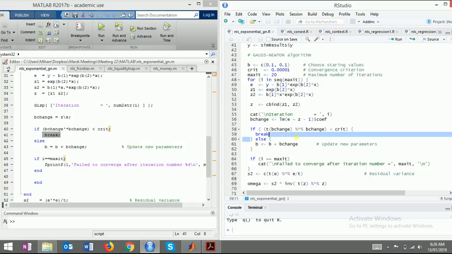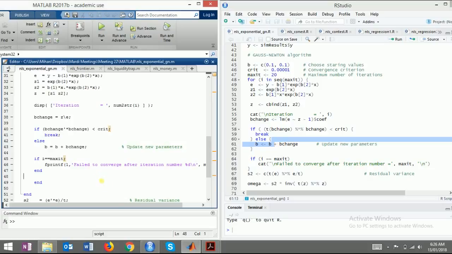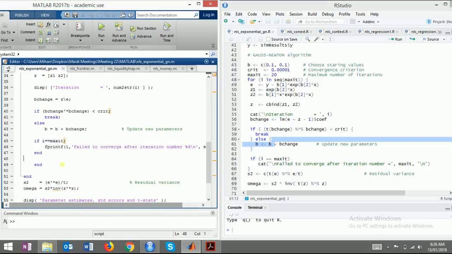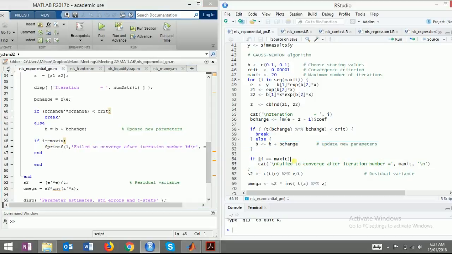Wow, this is new. Else, second bracket starts, second bracket ends, else second bracket is a new line, it's one line, it's the second line, else you update. If when i equals maximum number of iterations, this means, if E is within first bracket, the whole thing is within first bracket after if.